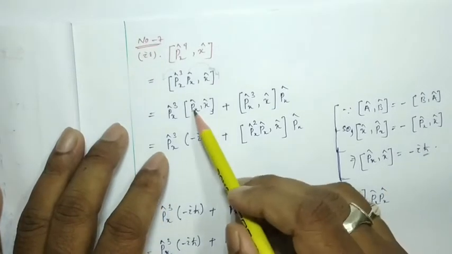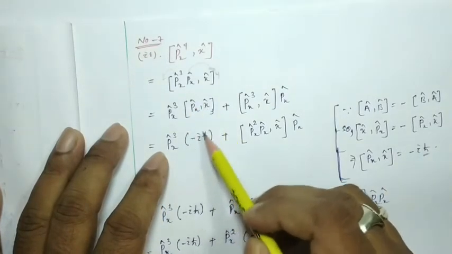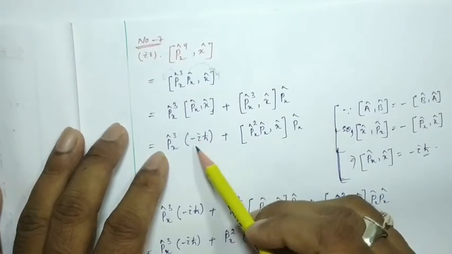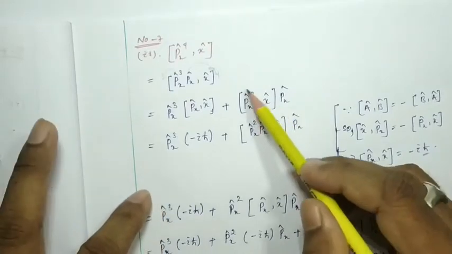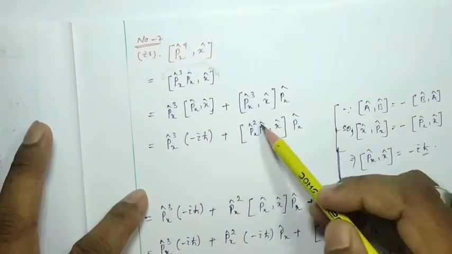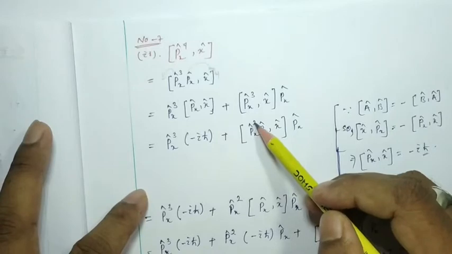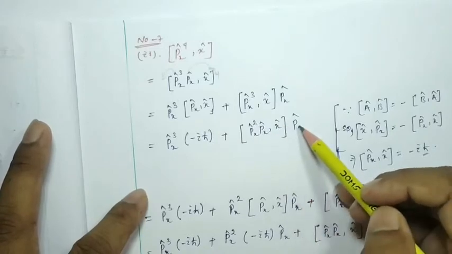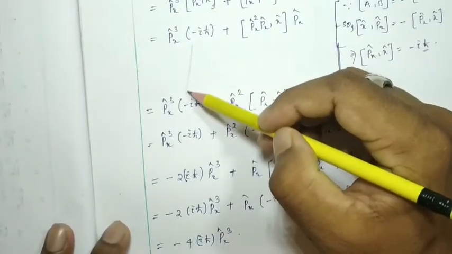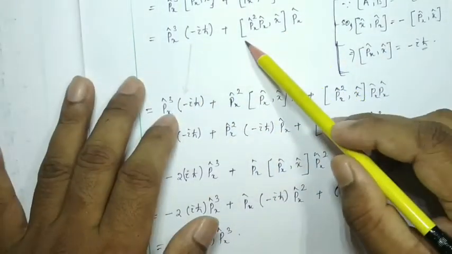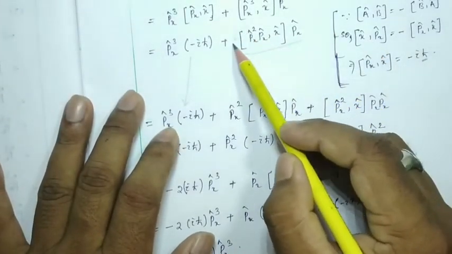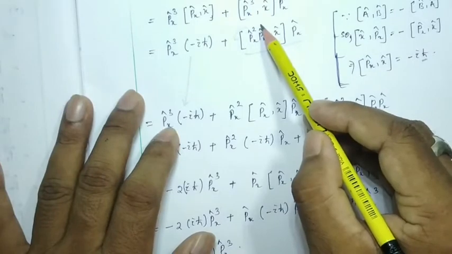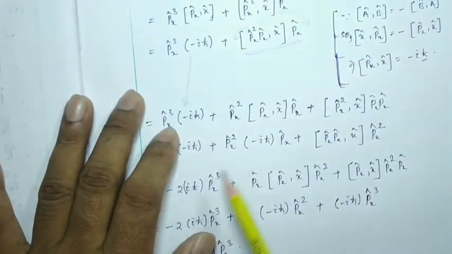So here the p_x cap x cap commutation value will be substituted as minus i h cross, plus again this p_x cap cubed is going to be written as p_x cap squared, p_x cap x cap, p_x cap, and this term will be there as usual. This can be written as p_x cap squared moved towards the left, and p_x moved towards the right.